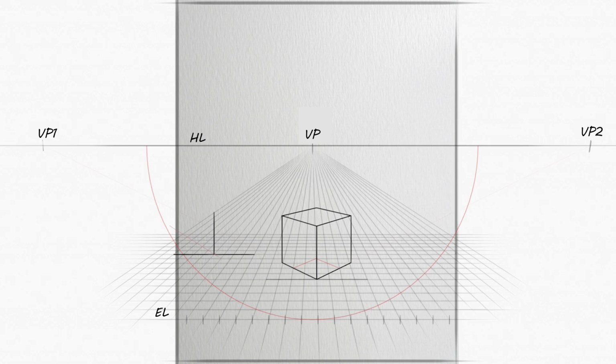From these points, project the respective vanishing lines outward to both VP1 and VP2. Follow the same diagonal projection method used previously to accurately determine the true depth of this new cube. Construct the corresponding lateral edges and project the next set of vanishing lines accordingly.